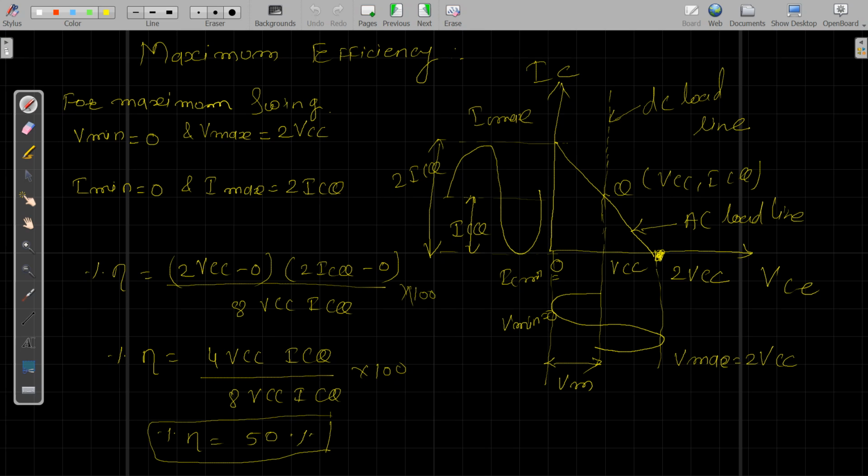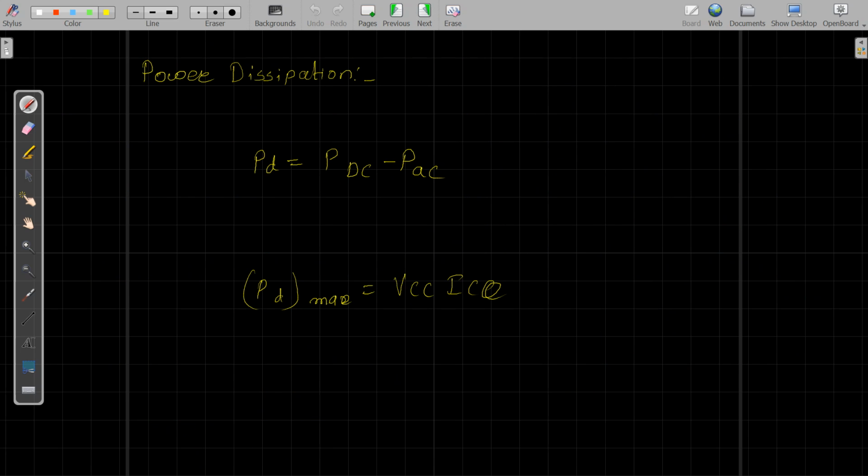Now we want to know another parameter, which is power dissipation. We are quite interested in the power dissipation because we want to know how much power is dissipated by the transistor in the form of heat. The equation remains the same, that is PD equals PDC minus PAC.